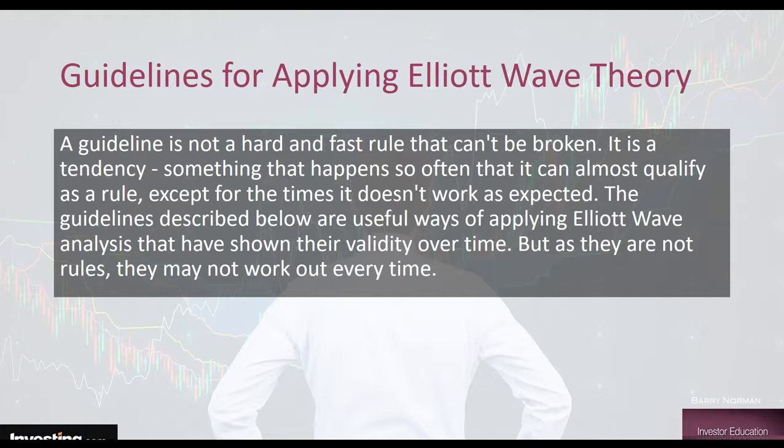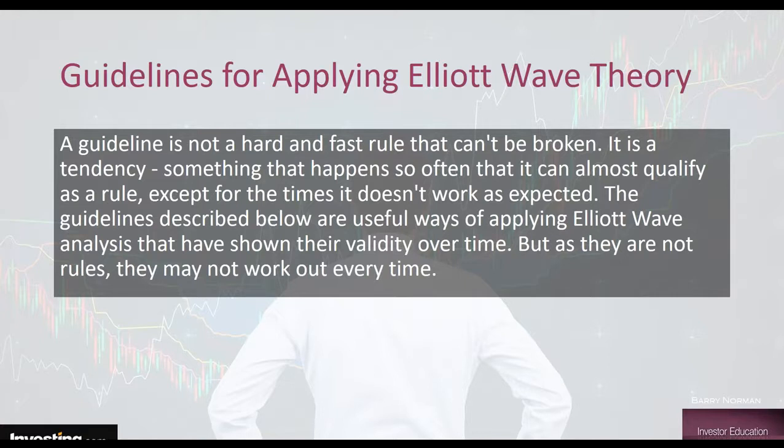A guideline is not a hard and fast rule that can't be broken. It is a tendency. Sometimes that happens so often that it can almost qualify as a rule, except for the times it doesn't work as expected. The guidelines described below are usual ways of applying Elliott wave analysis and have shown their validity over time.